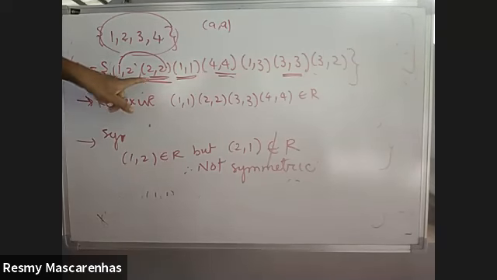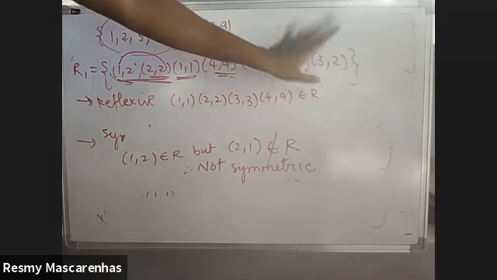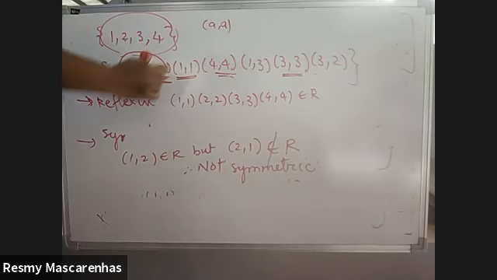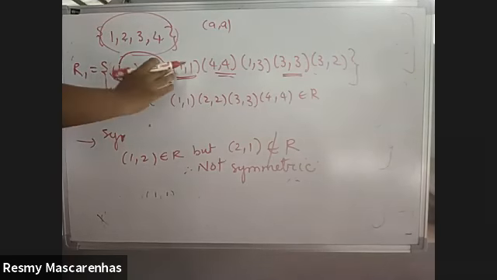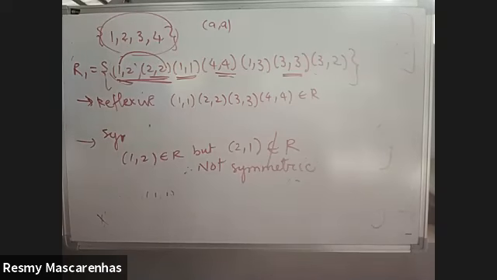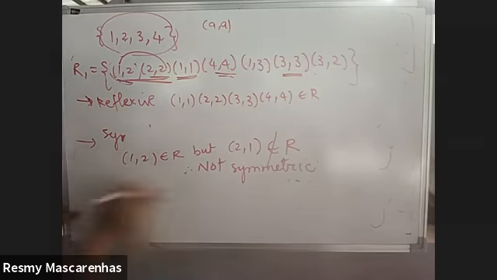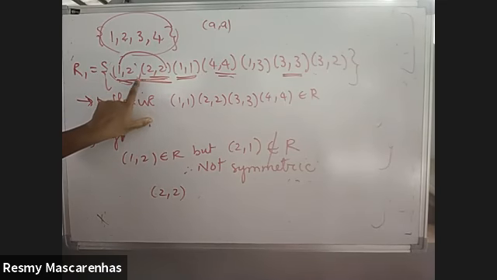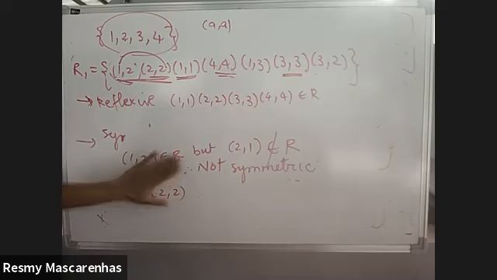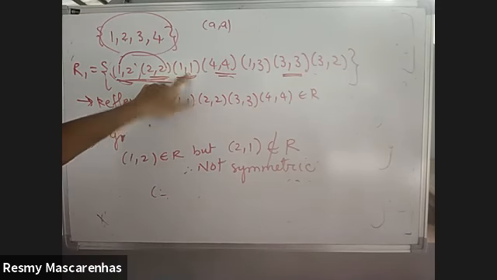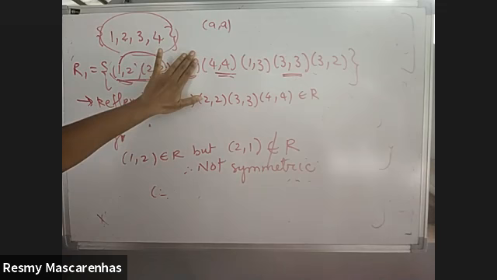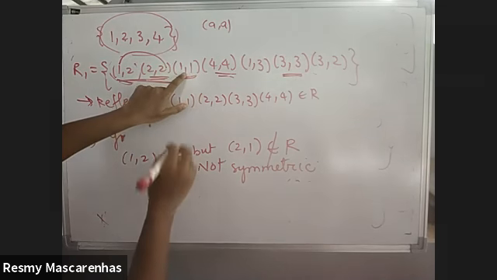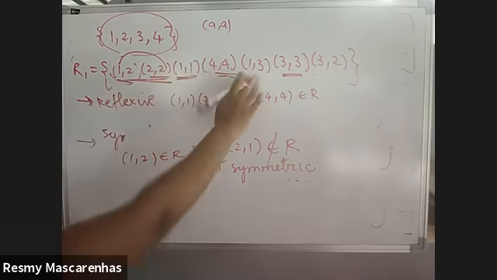Is there any other pair which is starting with 2? No. Then go for this pair. So (2, 2) I'm writing. Check if any other pair is starting with 2. No other pair is starting with 2, so you don't have to check. Again, (1, 1) is a condition for reflexive, so you don't have to check. (4, 4) also you don't have to check.